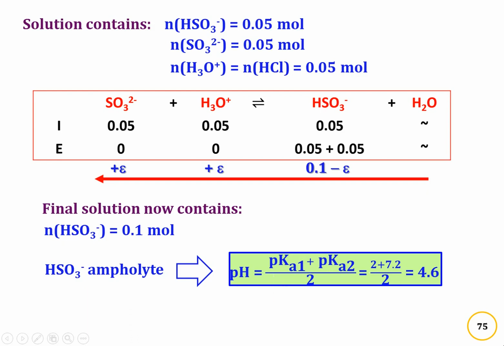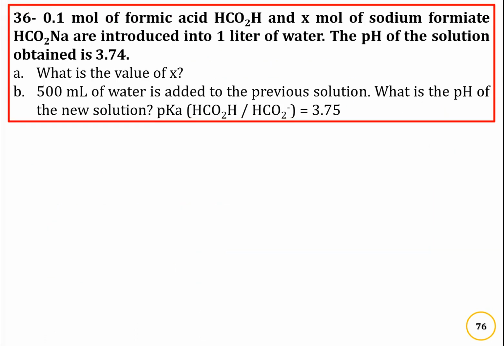So half of pKa1 plus pKa2, divided by 2, and the pH is equal to 4.6.